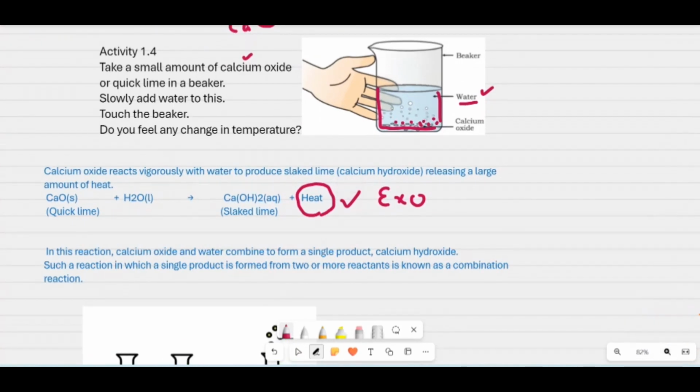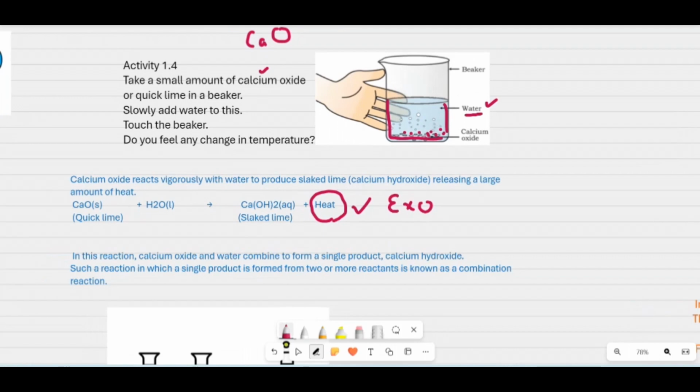Calcium oxide, the formula is CaO, reacts with H2O. The product is calcium hydroxide, Ca(OH)2. Calcium oxide is called quicklime. When you add water, it forms a new product called slaked lime.